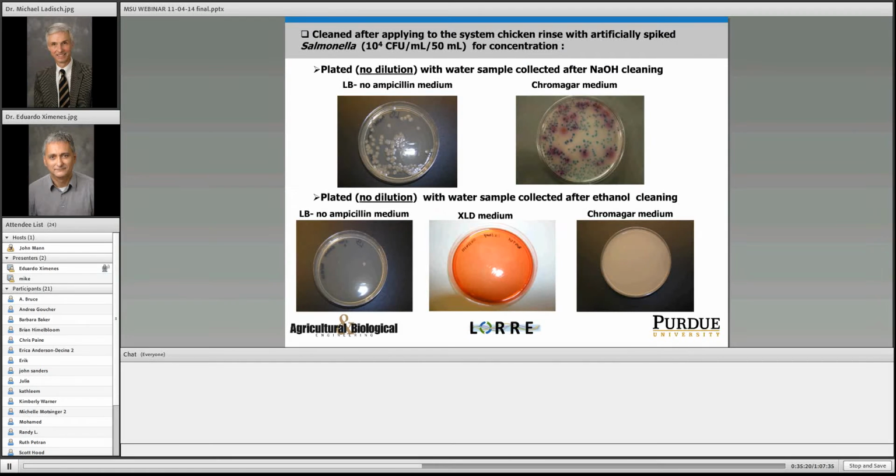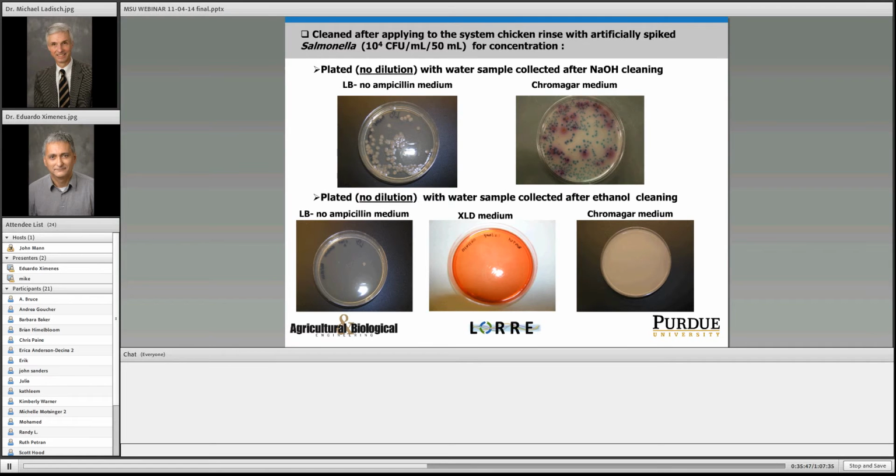Then comes another very critical step, in which we want not only to reuse the hollow fiber membrane, but we also want to make sure that the system is cleaned and sterilized for another round. So for that, we developed a sequential cleaning procedure.